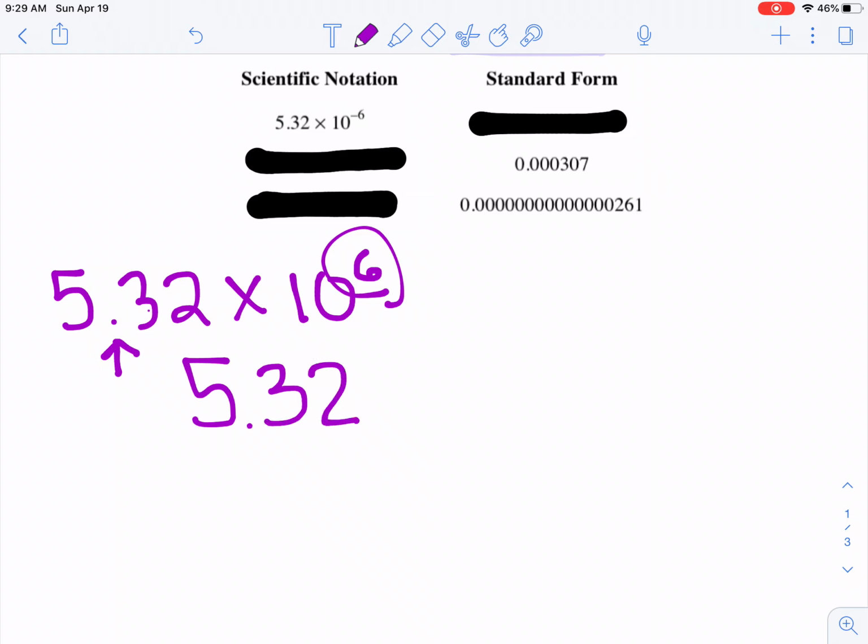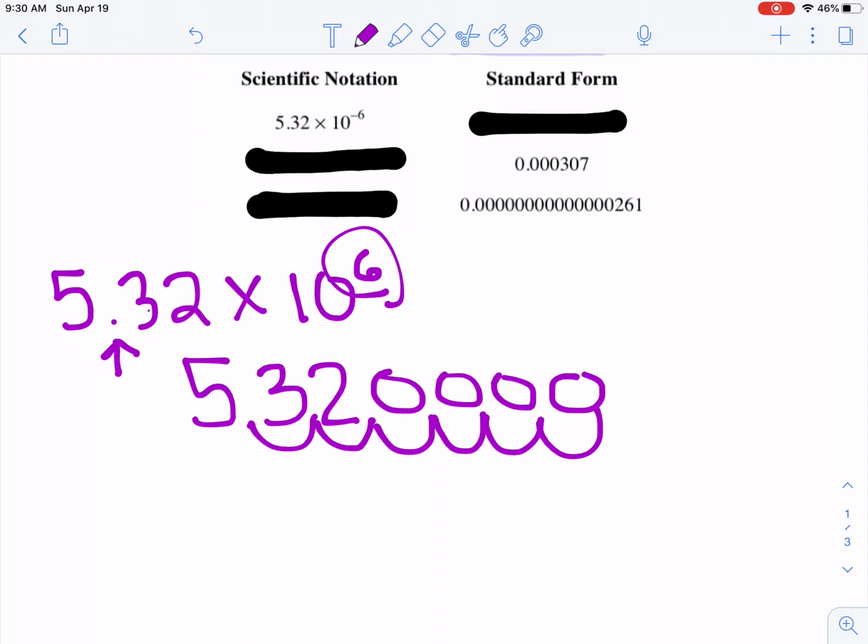So it's starting here, and we're going 1, 2, 3, 4, 5, 6, which means I need to add 4 zeros, and now my decimal point is at the end.